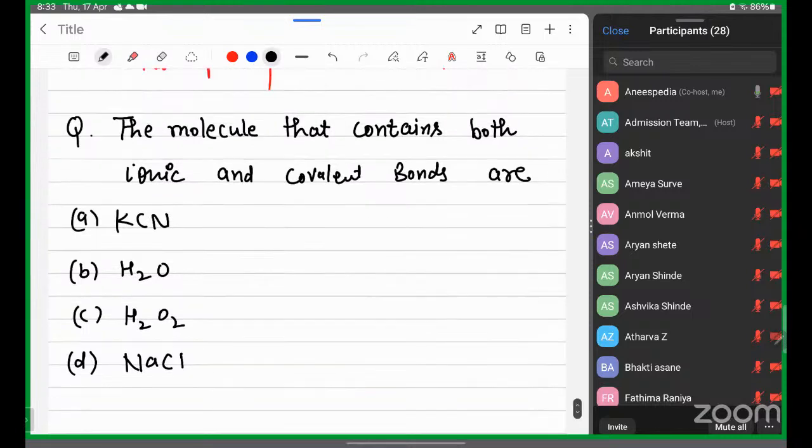So what do you think? Which molecule will have both types of bonds, ionic as well as covalent? Yes.